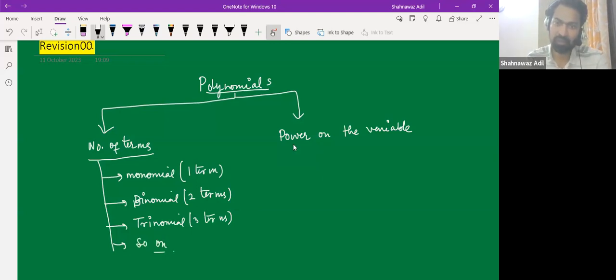And on the basis of power on the variable, first we understood what the degree of a polynomial is.